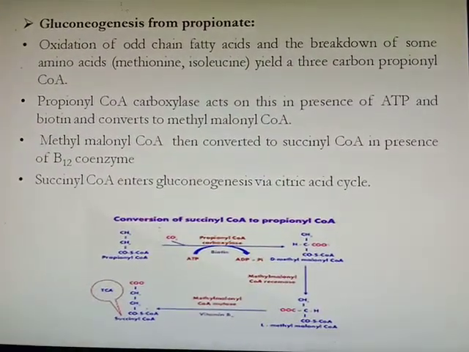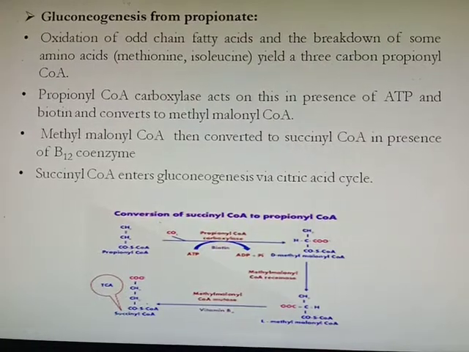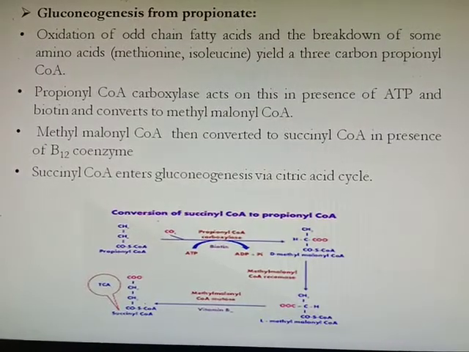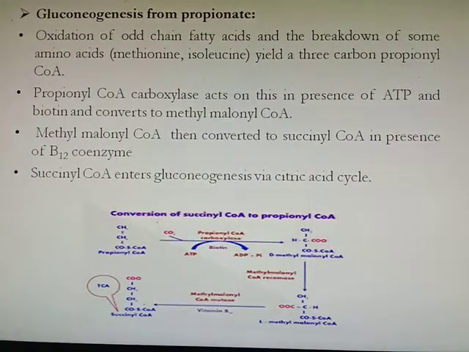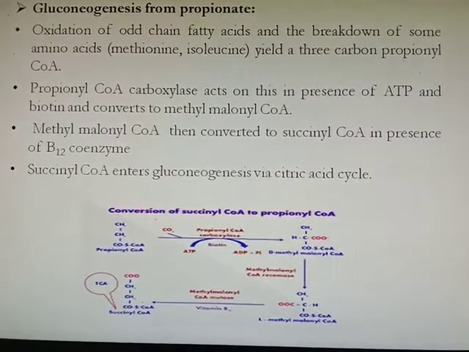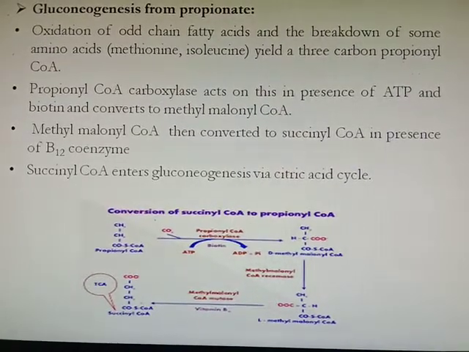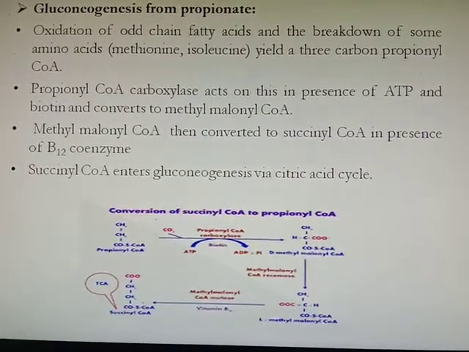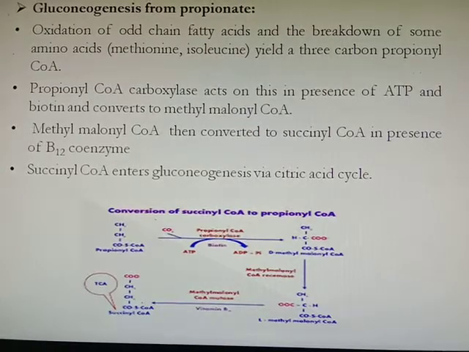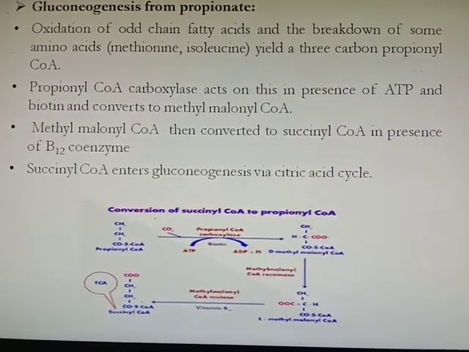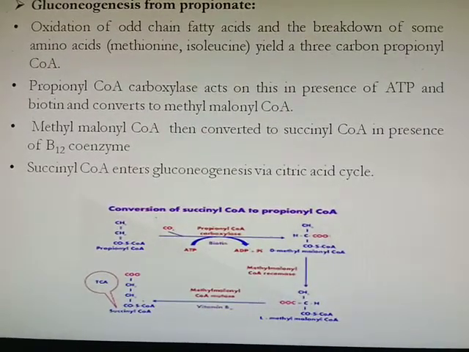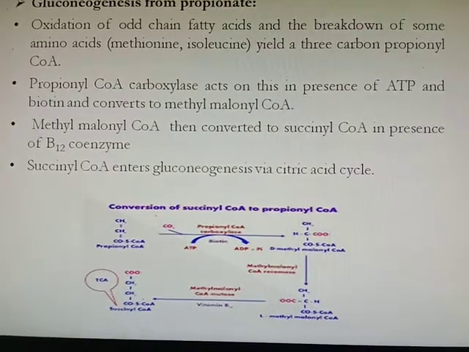Then, gluconeogenesis from propionate. Propionate is mostly synthesized from the oxidation of odd chain fatty acids and the breakdown of some amino acids, for example methionine and isoleucine, which yield the 3-carbon product propionyl coenzyme A. The enzyme propionyl coenzyme A carboxylase acts on propionyl coenzyme A in the presence of ATP and biotin and converts it to methylmalonyl coenzyme A. Then this methylmalonyl coenzyme A is converted into succinyl coenzyme A in the presence of vitamin B12.